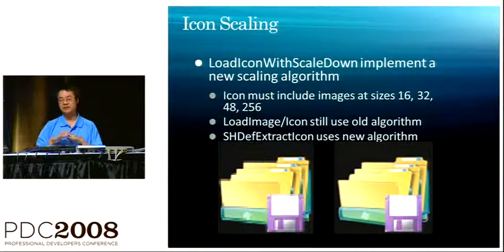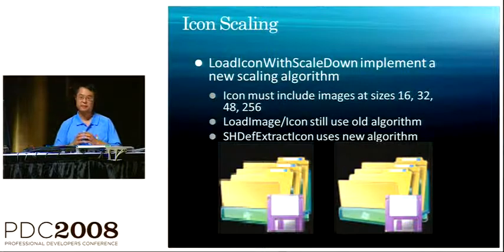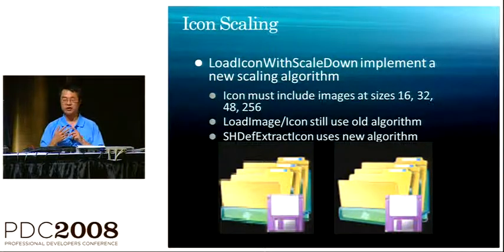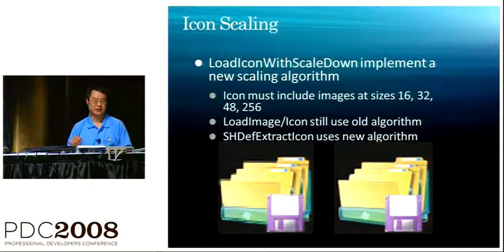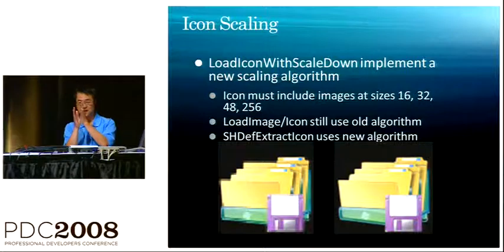The trick about this is that in order to use this new function, LoadIconWithScaleDown, your icon file has to include images at sizes 16, 32, 48, and 256. These are special numbers that the LoadIconWithScaleDown function looks for and tries to hit.